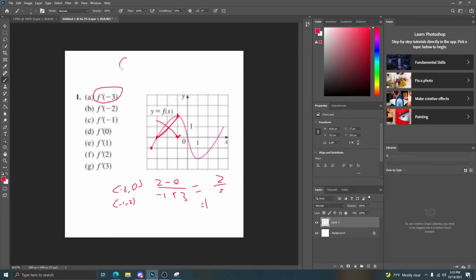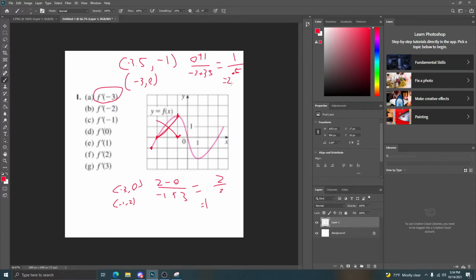So you have y1 at, I'd say, -3.5, -1, and you have a second point at -3, 0, and then you do y2 minus y1 over x2 minus x1, and you get 1 over 0.5, which should be 2. So you get a slope of about 2.